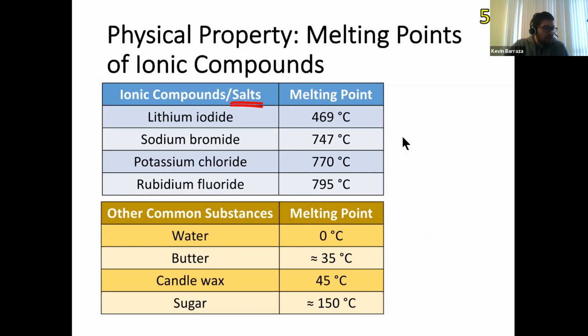And to compare to ionic compounds, what do we see about their major difference? It should possibly be an obvious difference to us, hopefully, between ionic compounds and common other substances. Yeah, it's as simple as ionic compounds have incredibly high melting points.